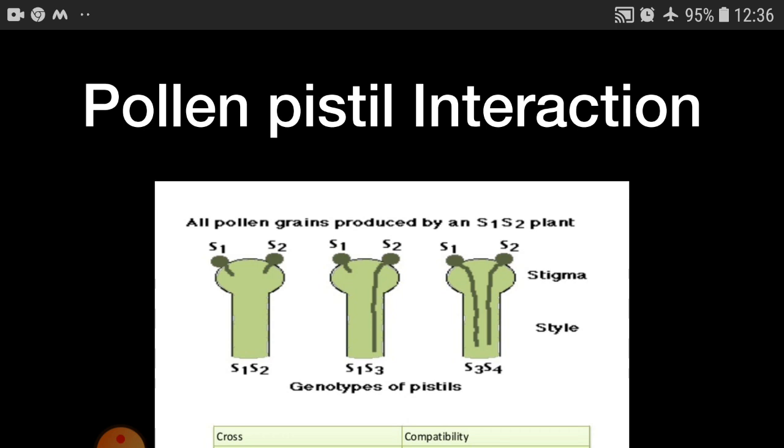Pollination does not guarantee the transfer of the right type of pollen. It guarantees the transfer of pollen, but whether it is of the wrong type or the right type, that it will not guarantee.